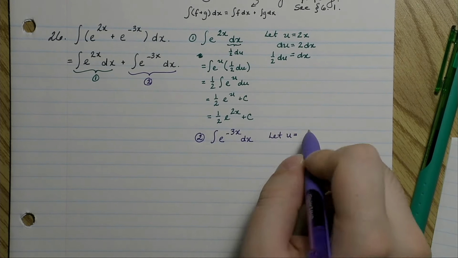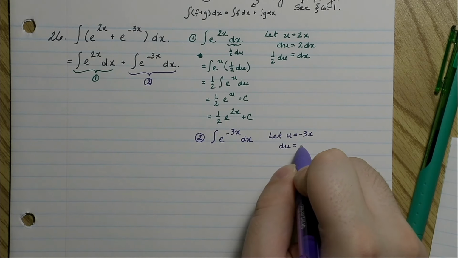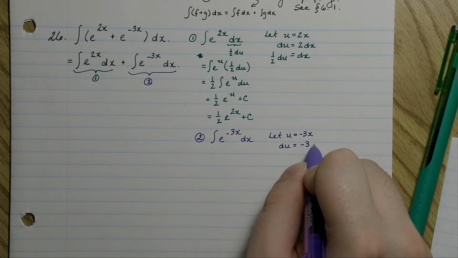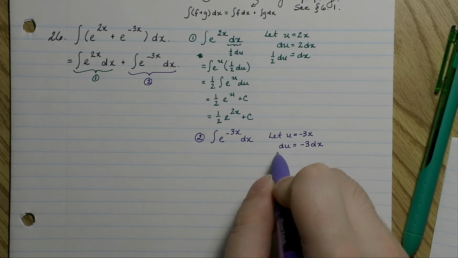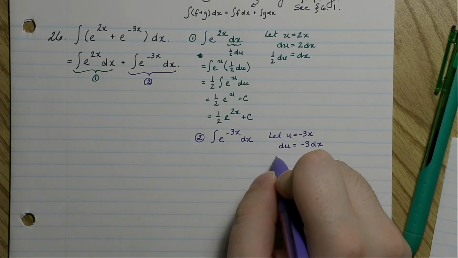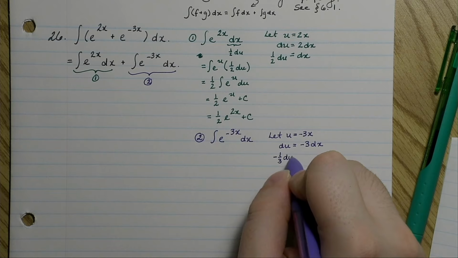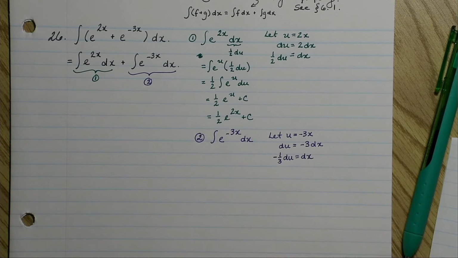So I'll let u equal minus 3x. And if I differentiate that, it becomes minus 3 dx. And again, I need to isolate for the dx, so I bring that minus 3 over, so it becomes minus 1/3 du, dx.